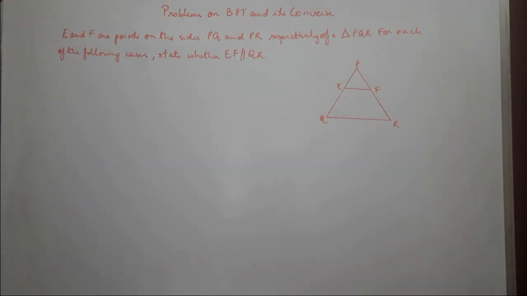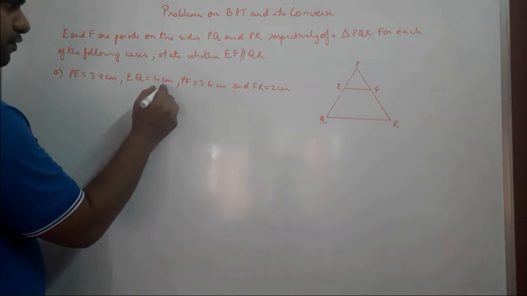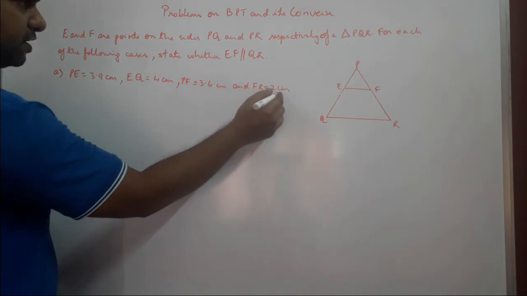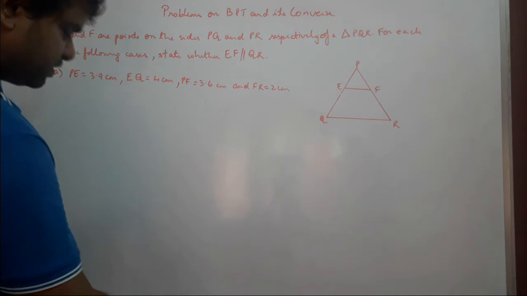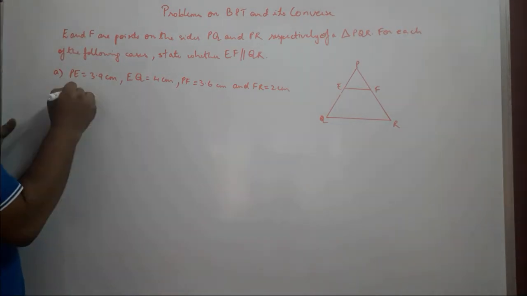So let's begin with the first problem. We are given PE is equal to 3.9 centimeters, EQ is equal to 4 centimeters, PF is equal to 3.6 centimeters, and FR is equal to 2 centimeters. So now we need to check whether the ratios of the corresponding sides are equal or not.